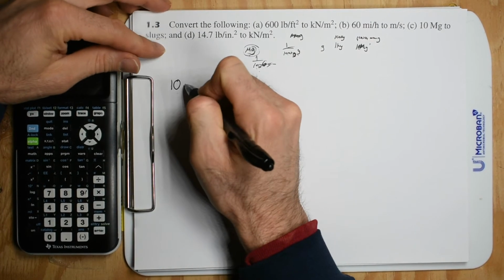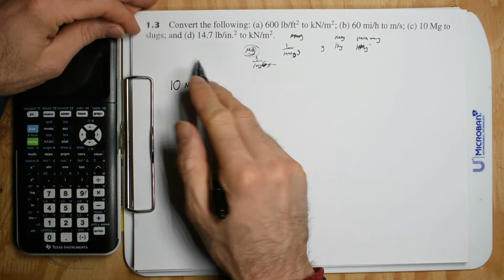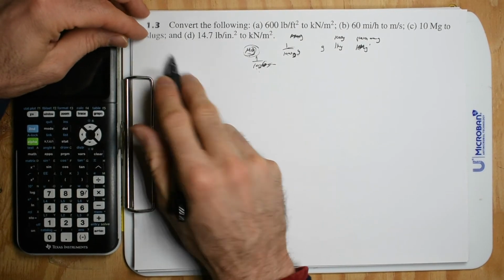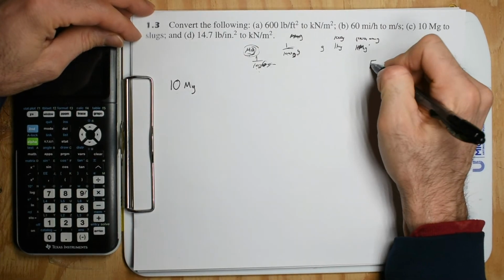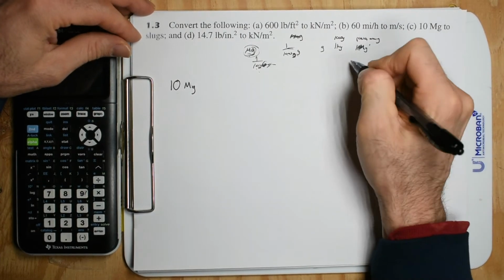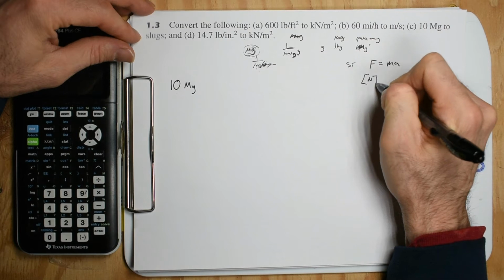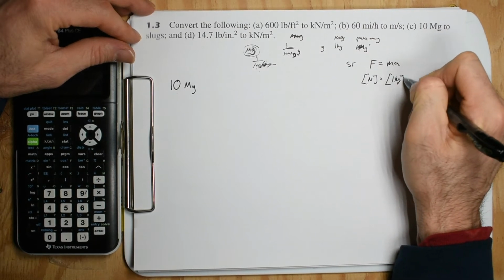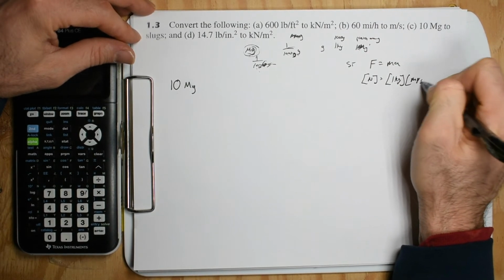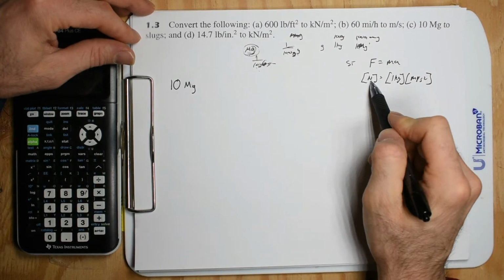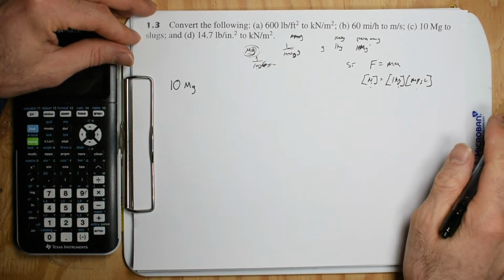Alright, can we just bust this one out? And no, we can't, because we're going to convert this to slugs. So we got to go F equals MA. In the SI units, this is saying 1 Newton is equal to 1 kilogram meter per second squared.